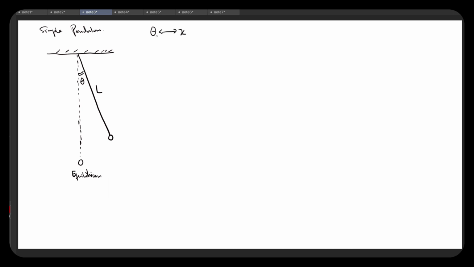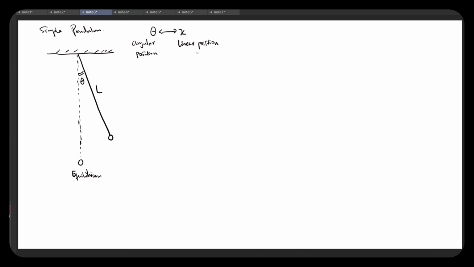So instead of using position x, now we transition to using the angular position. So previously it's linear position x. So now it's angular position theta.